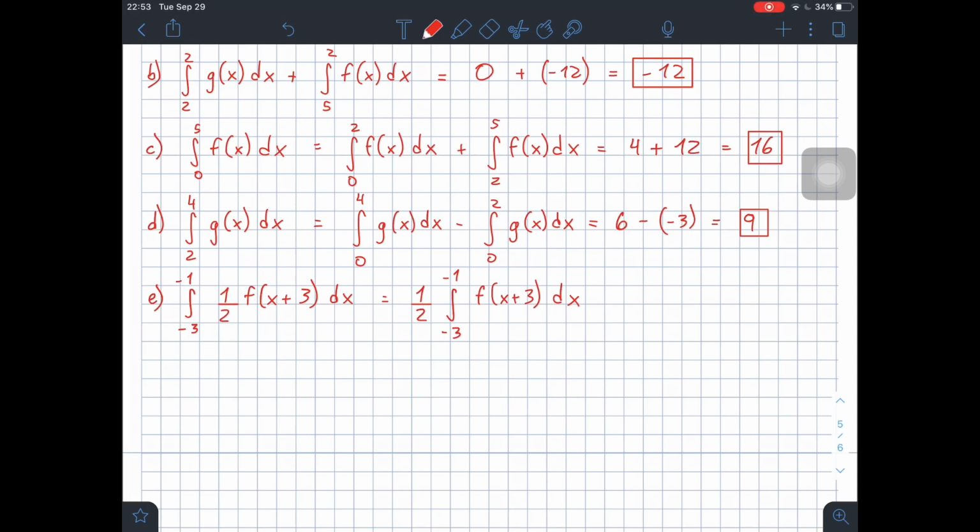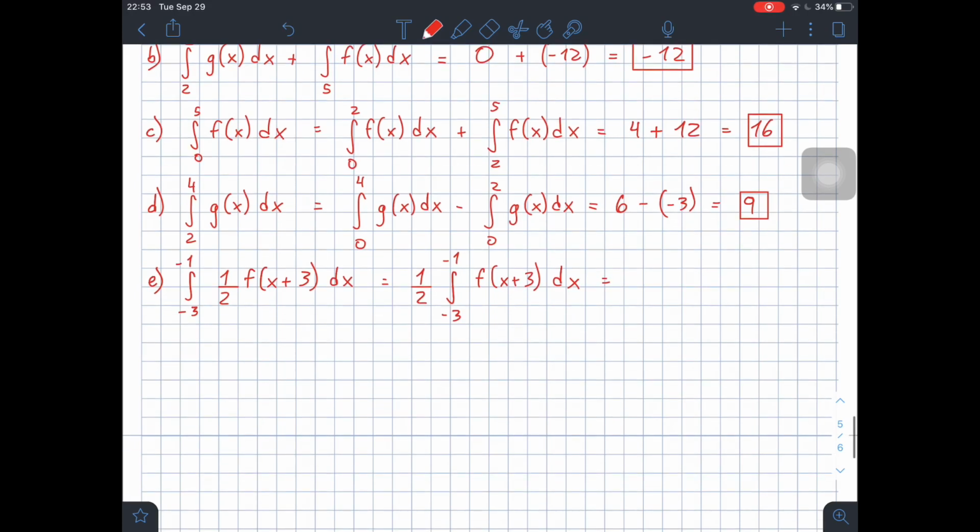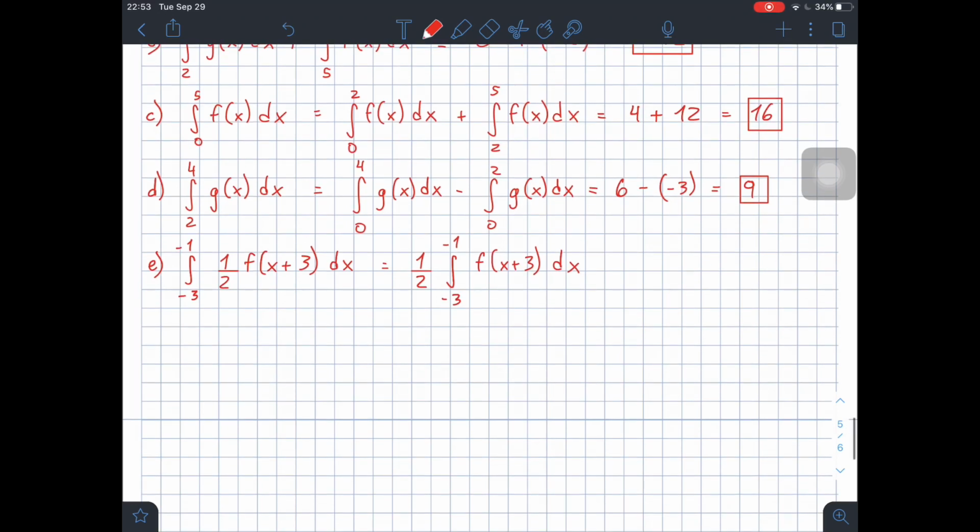That means that I can rewrite this expression by moving all of the function 3 units to the left. And if I move this function 3 units to the left, let me write that first. F of x is translated 3 units to the left.